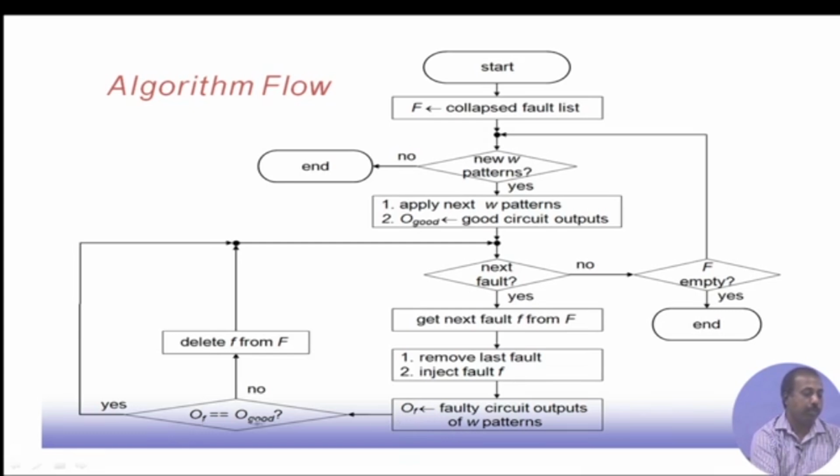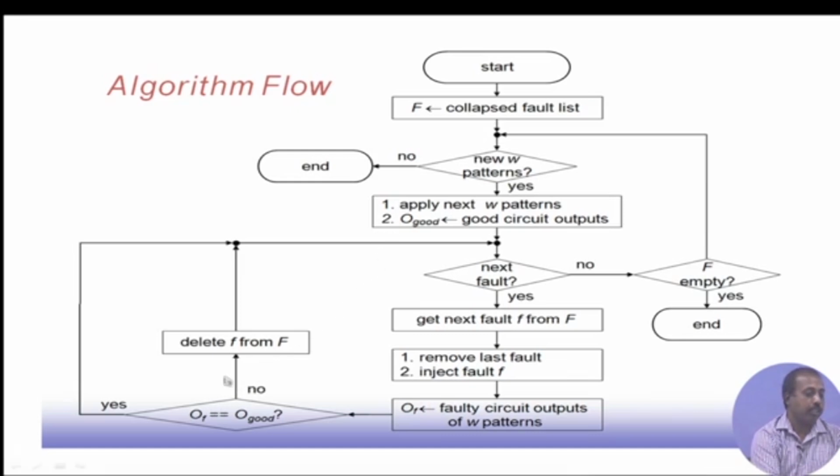Now, if OF and O good are the same, then this particular fault could not be detected from this set. If the faulty response and good response are not the same, that means this fault was detected by some pattern in the W set.